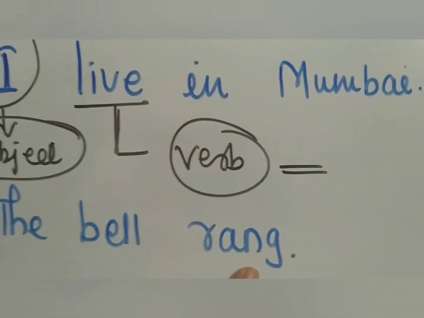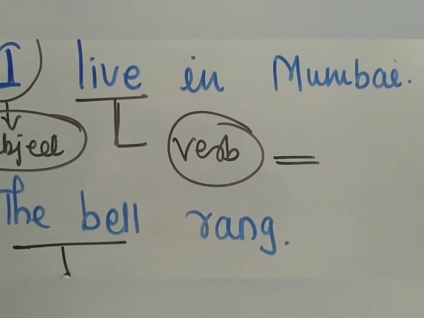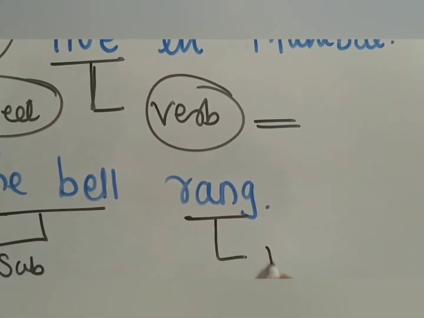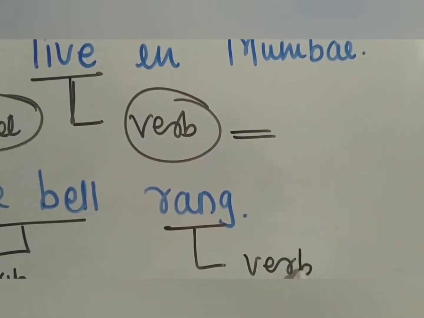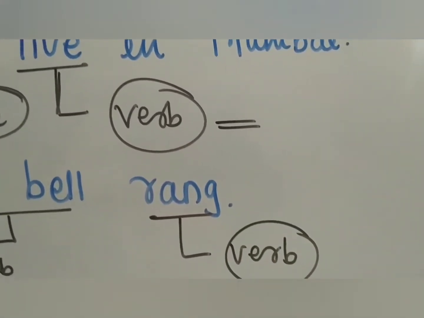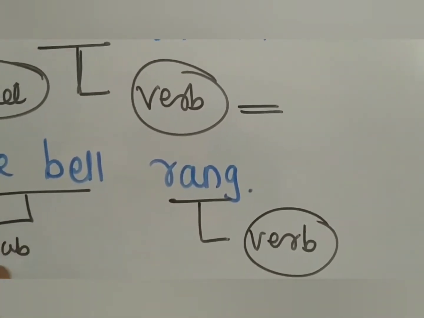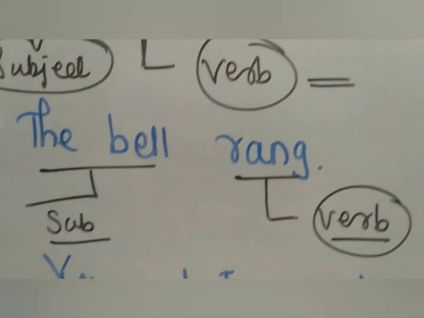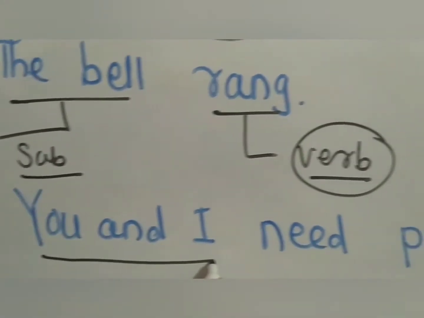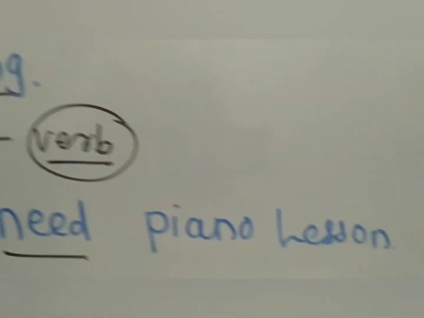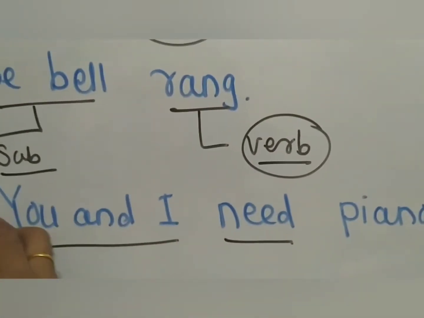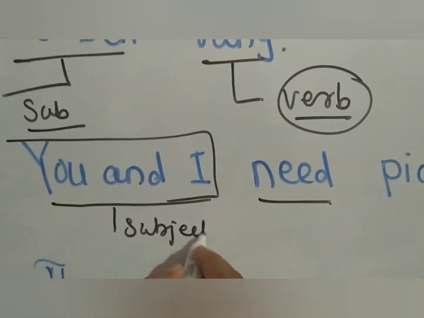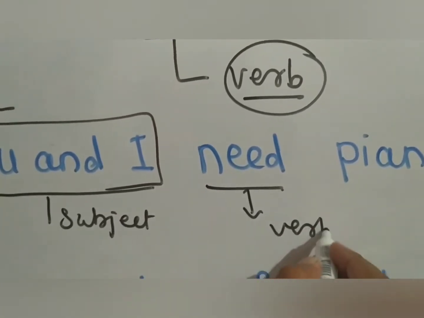The bell rang. The bell is the subject, rang is the verb. Ring, rang, second form of the verb. So it is also a simple sentence. Second, you and me need piano lesson. Dear friends, you and me is the subject, need is the verb in this sentence.